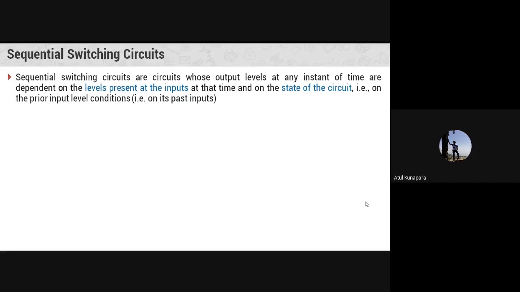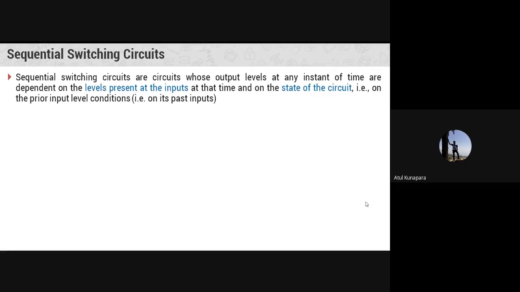Sequential switching circuits are circuits whose output levels at any instant of time depend on the levels present at the input side at that time and on the state of the circuit, i.e. on the prior input level condition.